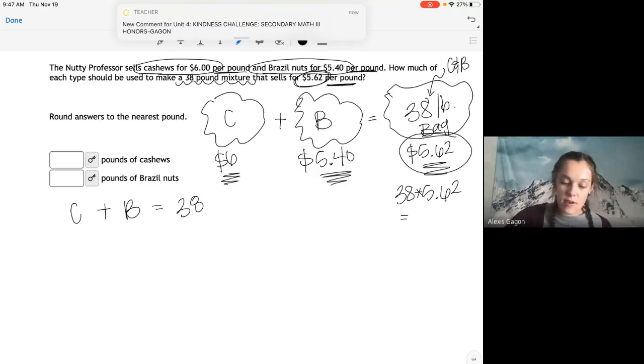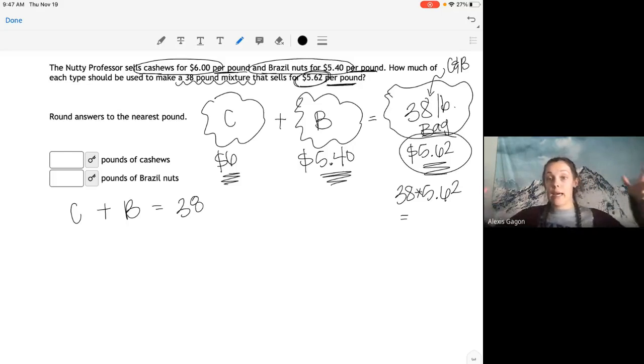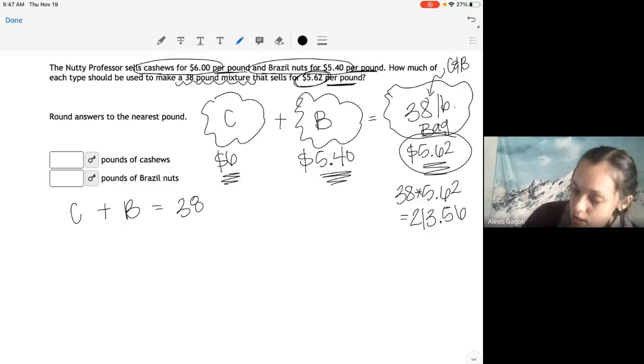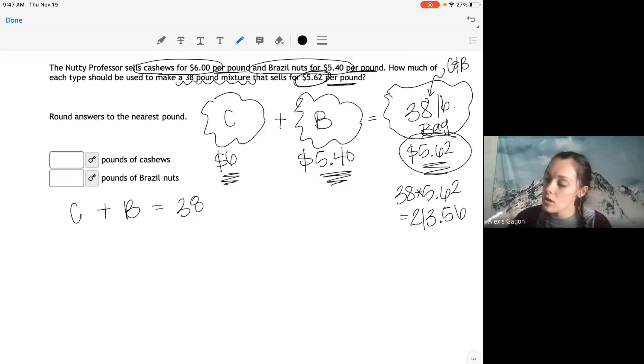And that will give us how much this big bag of nuts costs. So we have 38 times 5.62, which is $213.56. So the total cost of this big bag is $213.56.